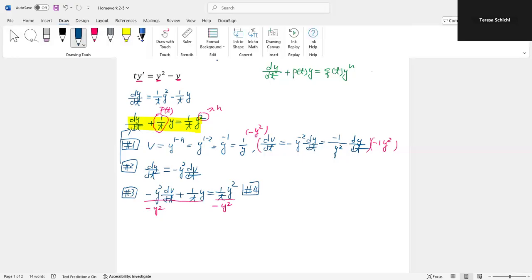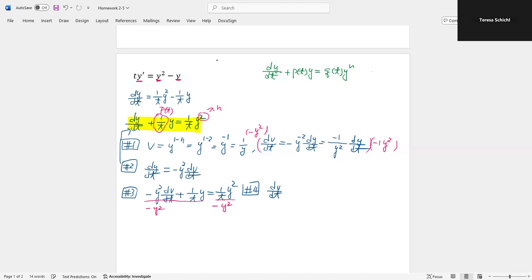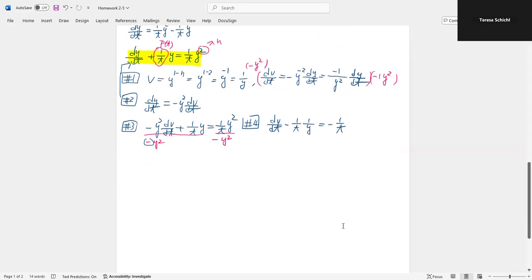Then I will have dv/dt, and this one here will be minus 1 over t times 1 over y, since negative and positive gives negative, and this one will give me negative 1 over t. So now I have this here.